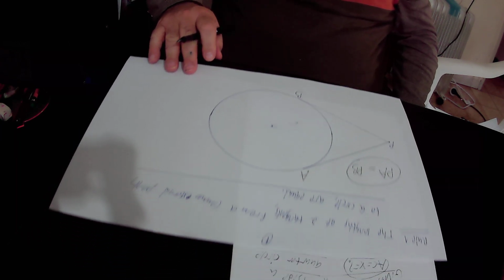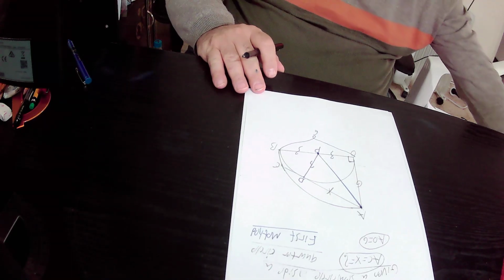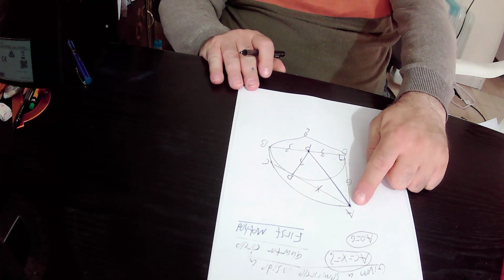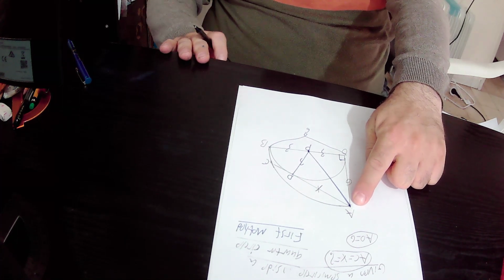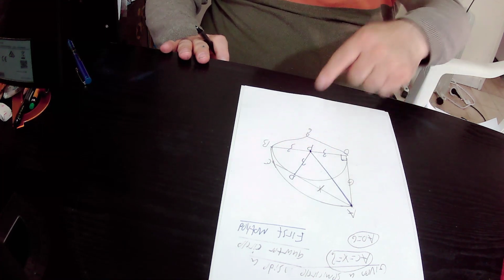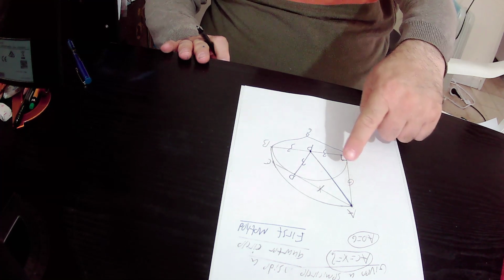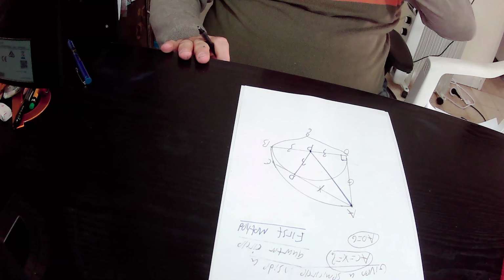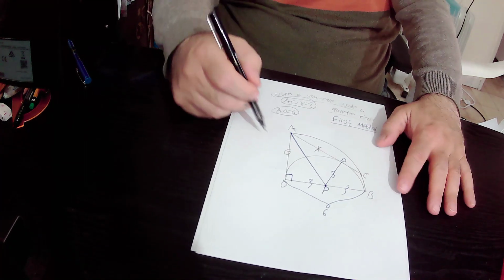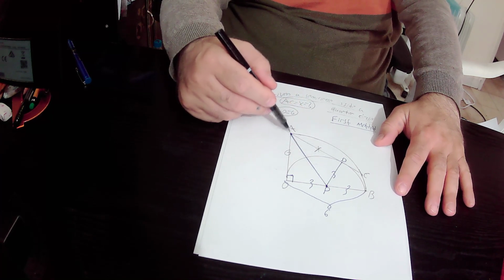Why? Because in our drawing we have the common external point, point A. Point A is the common external point in relation to the semicircle, because it is located outside of the semicircle, and from point A we have two tangents to this semicircle. The first tangent is tangent AO.